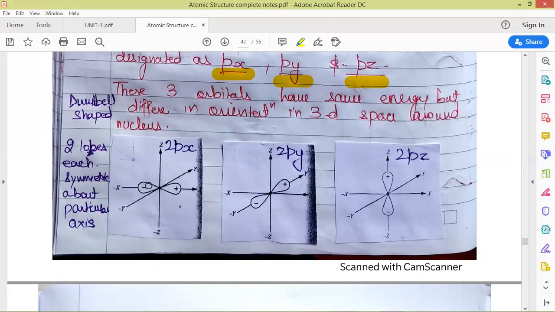It just represents the direction, the angular part. This we'll discuss in detail later. It is a sign of the angular part, showing that there is electron density in the negative x direction and in the positive x direction. Just the direction is the main purpose of showing the positive and negative signs here.